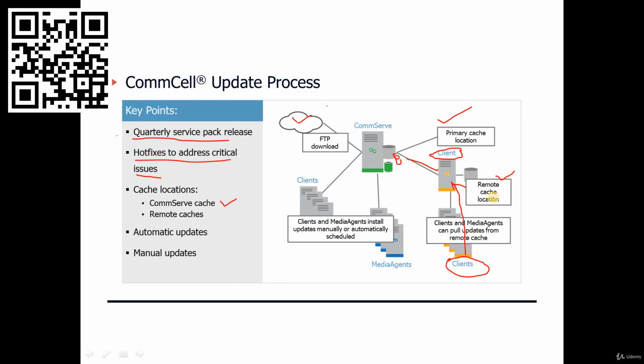So with the help of the remote cache, you can reduce or manage the traffic hitting the CommServe directly, so you're not burdening the CommServe with a lot of update activity. And when we talk about update activity, you can configure your clients to get updated on an automatic basis or on a manual basis as well. So you can choose how the clients will get updated.